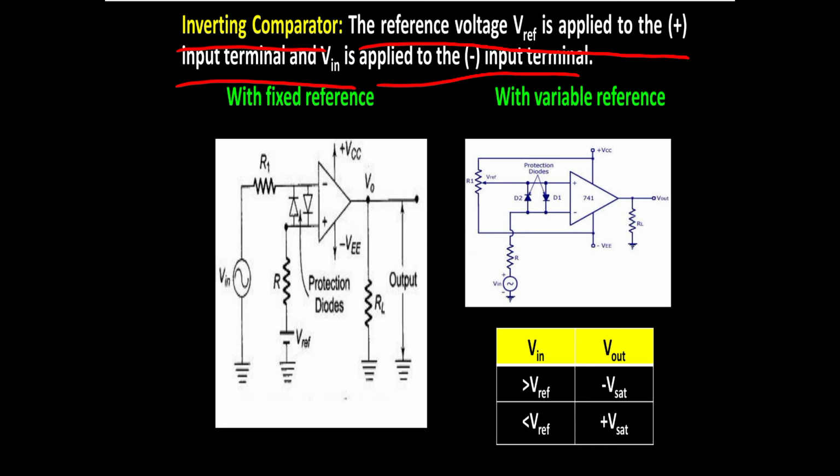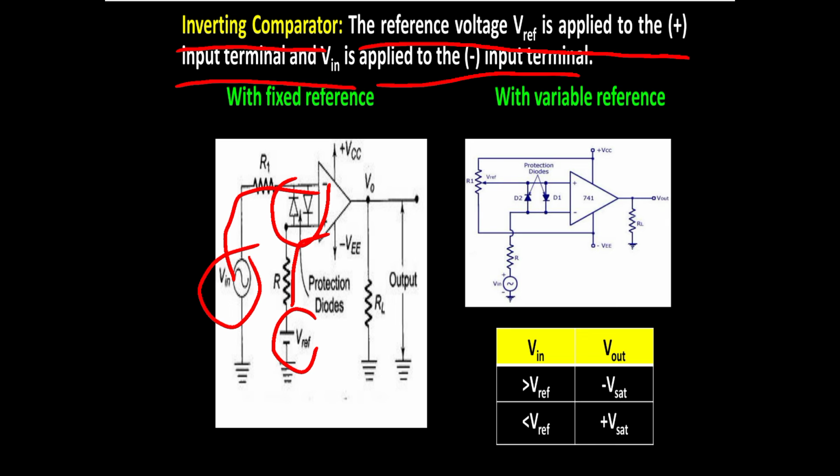Let's see the circuit diagram. In the circuit diagram, the negative terminal, or the inverting terminal of the op-amp, is connected to the input VIN, and the non-inverting terminal is connected to the reference voltage, and these two diodes are used for protecting our op-amp from high voltages.